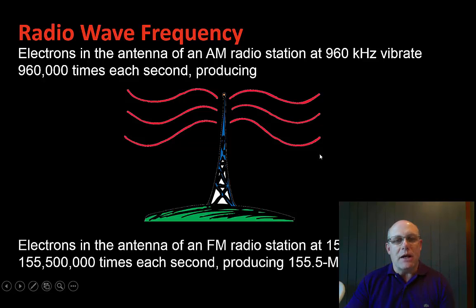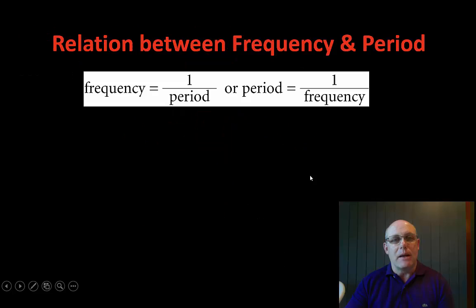When we go to an FM station, 155.5 megahertz, triple J, that vibrates 155 million times every second. Those electrons inside the antenna, to produce that radio frequency, vibrate that many times a second, which is quite amazing when you think about it.